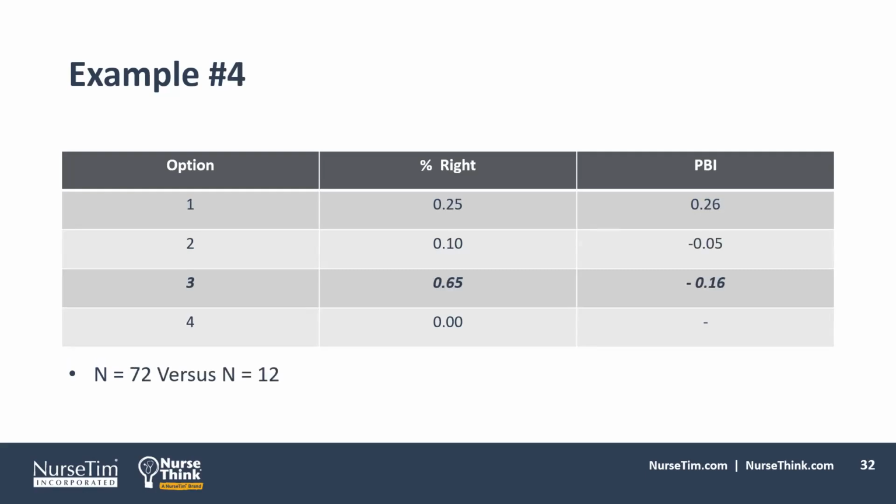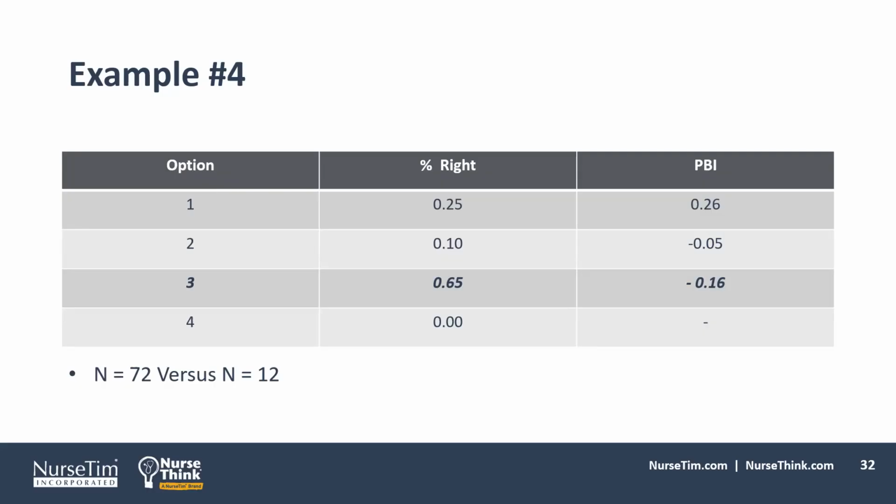Another example, 65% of our class chose the correct answer, so it falls within our difficulty range of 0.3 to 0.8. But if we look at our point by serial, we see that it was our low performing students that got it correct. So we really want to take a look at, oh my, what happened here? What went wrong?